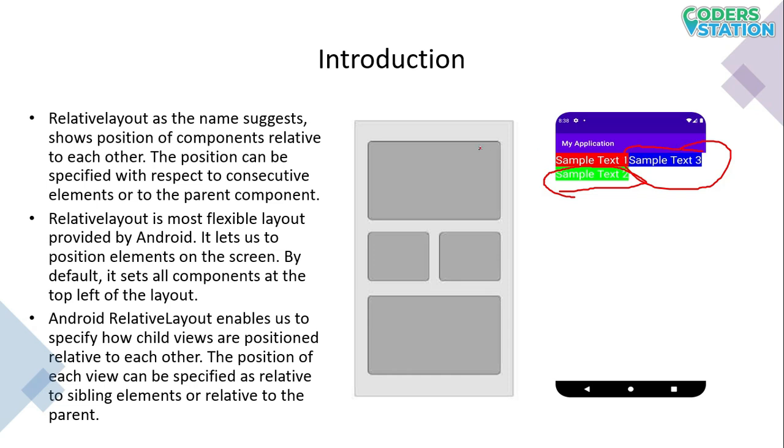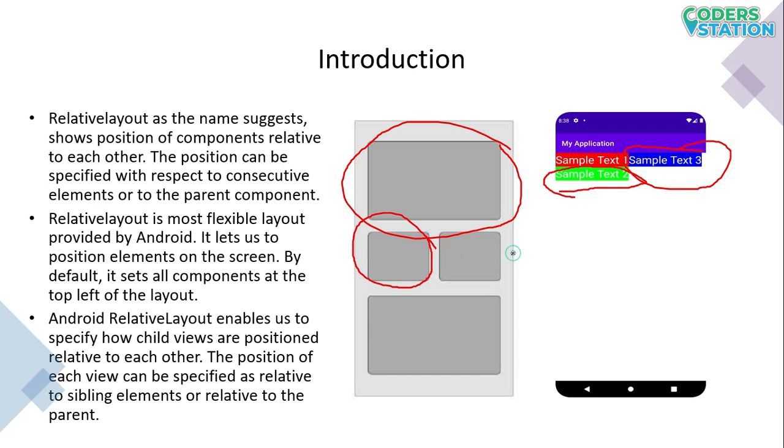As you can see in this first screen also, whenever the first element is placed, it is placed on the top left of the screen. Then for the second element we have to mention its relationship with the first element, so we will say that the second element is below the first element.